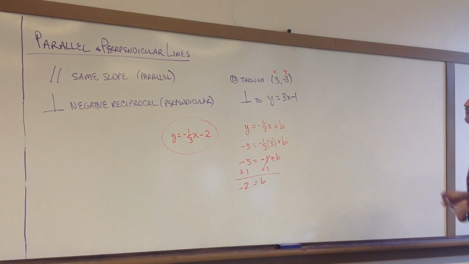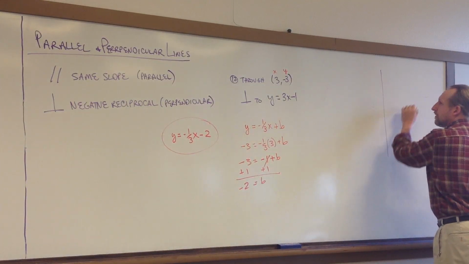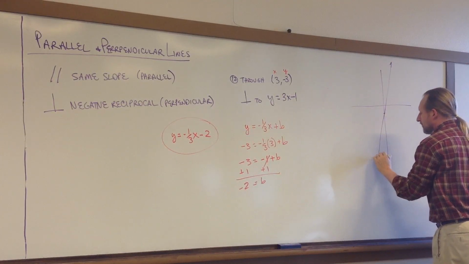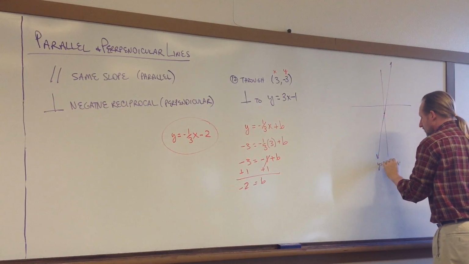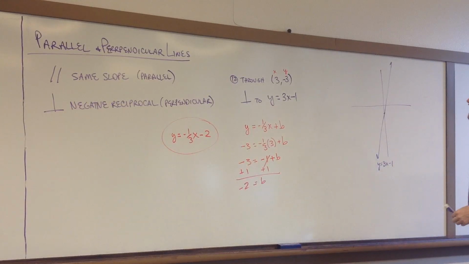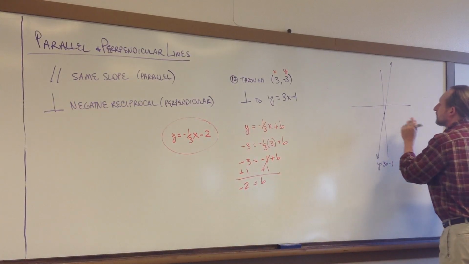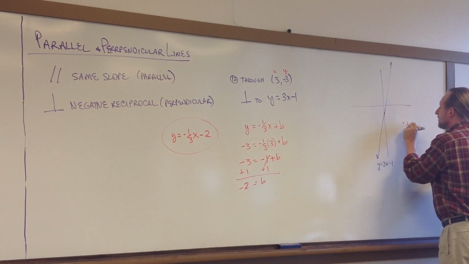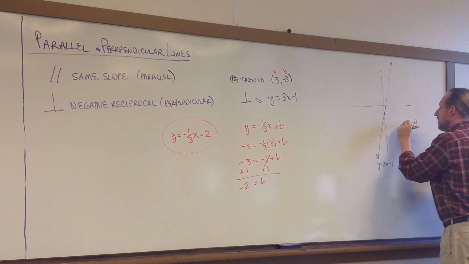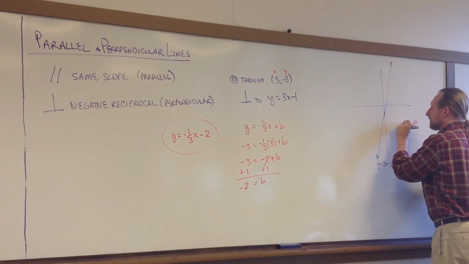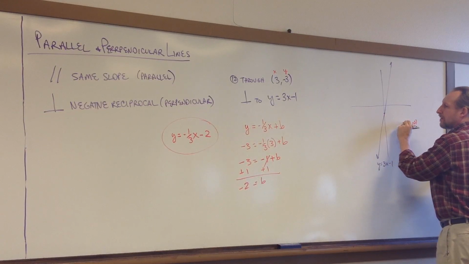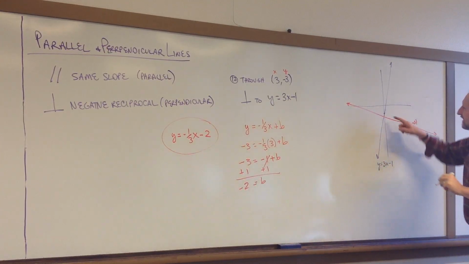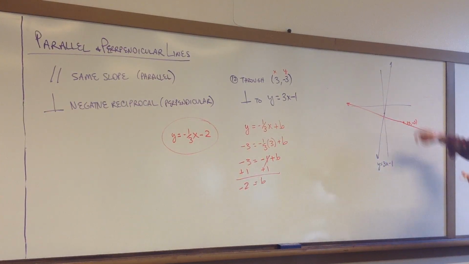If we're interested in what this looks like on the graph, y = 3x - 1 is going to look something like this. And the other line we want to pass through the point (3, -3), that's down here somewhere, and perpendicular, something along those lines. My y-intercepts are a little bit too close together, but that's just because of the sketch.